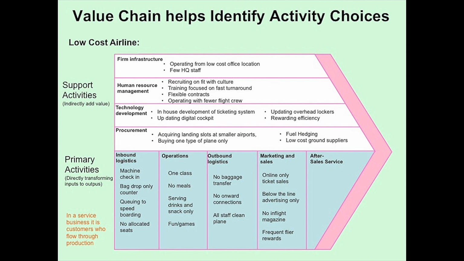So how you're loading the plane more quickly with passengers and consumables, how you're using one type of airplane to get discounts from suppliers, how you're training staff to enhance that operational turnover, etc. So you think about how alignment is happening in every part of that value chain.